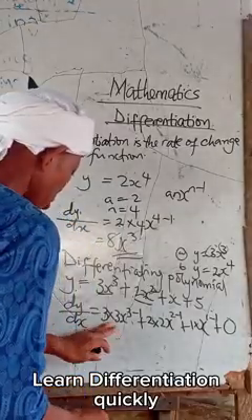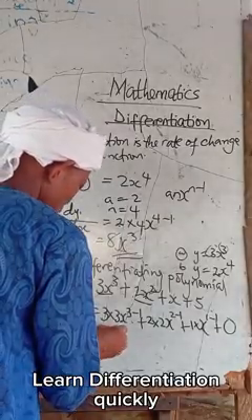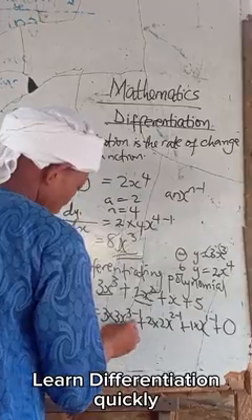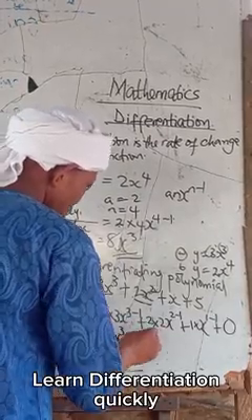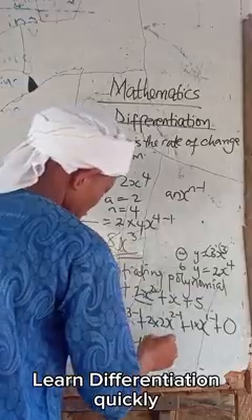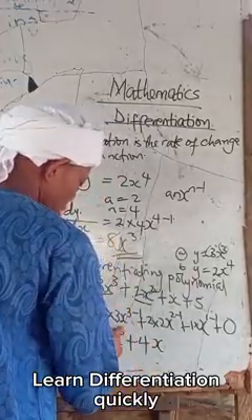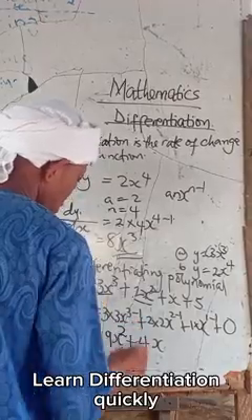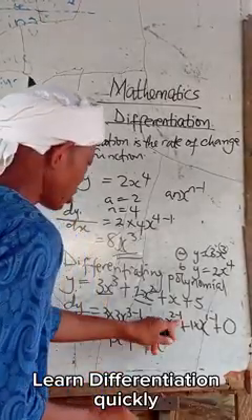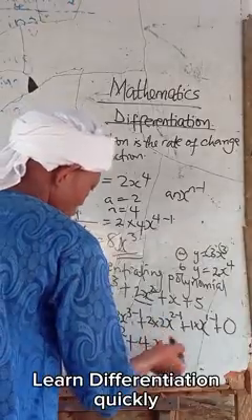Now, moving on. We have 3 times 3, 9x, 3 minus 1 is what? Is 2. That is 9x squared. Now here, 2 minus 1 is what? 1.